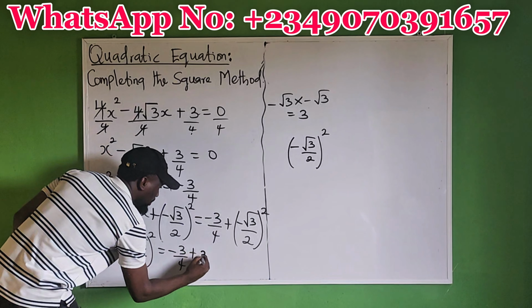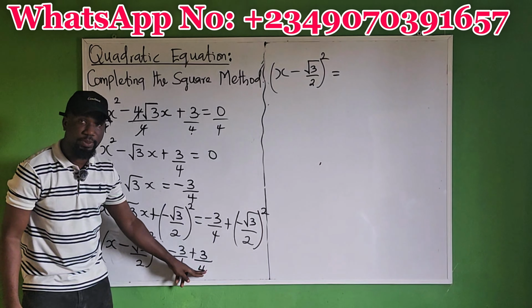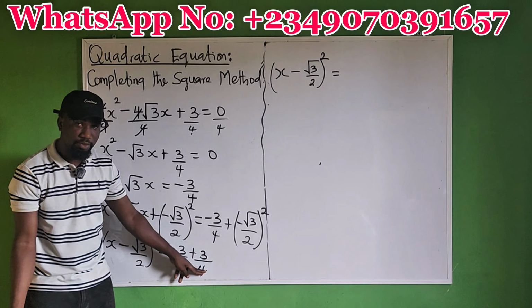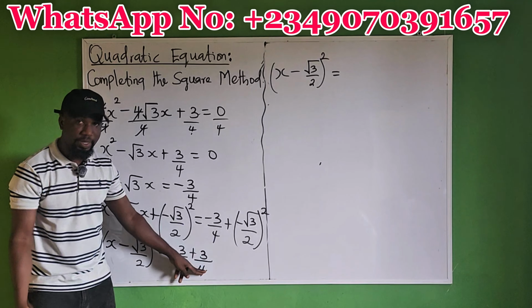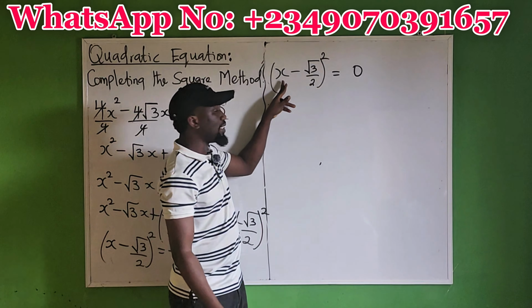So we have x minus root 3 over 2 all squared, is equal to minus 3 over 4 plus 3 over 4, which will give us 0. Just as minus 2 plus 2 is 0. So what's the next thing? This is squared, and we want to get x.